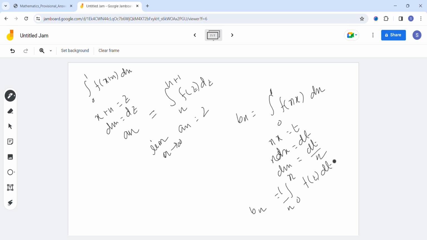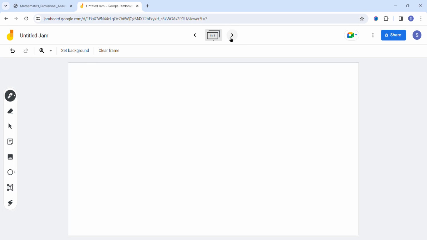So we need to find the limit of bn, right? We need to find the limit of bn. So we have bn to be the integral from 0 to n of f(t) dt divided by n.